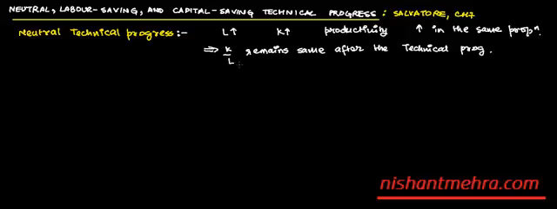So the capital labor ratio is the same after the technical progress, that is 1/2 here. And of course, it remains unchanged at relative factor prices.